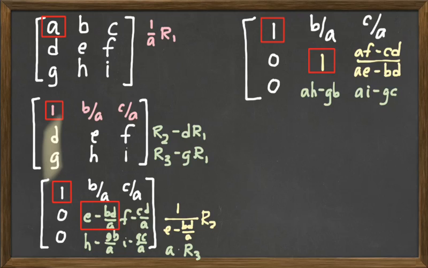Could be worse. Now our last step is we want to get rid of that ah minus gb in the last row. That we can accomplish with our final row reduction step, which is row 3 minus the quantity ah minus gb times row 2.